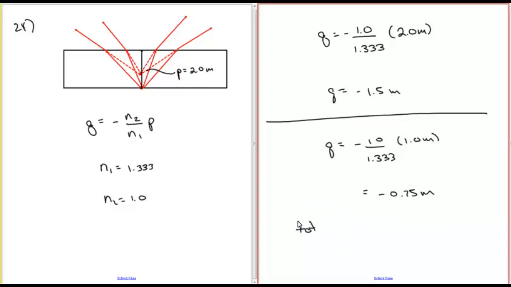So the total distance in that scenario is the actual 1 meter that's not filled plus the 0.75 meters that the water makes it look, so you get 1.75 meters. So the pool looks 1.75 meters deep when it's half full. It looks 1.5 meters deep when it's entirely full.